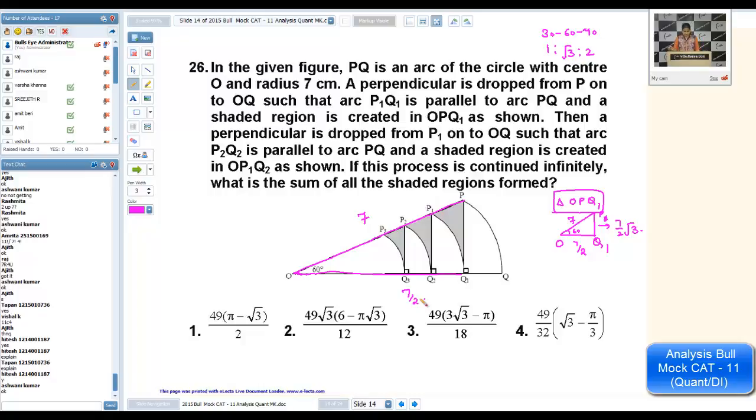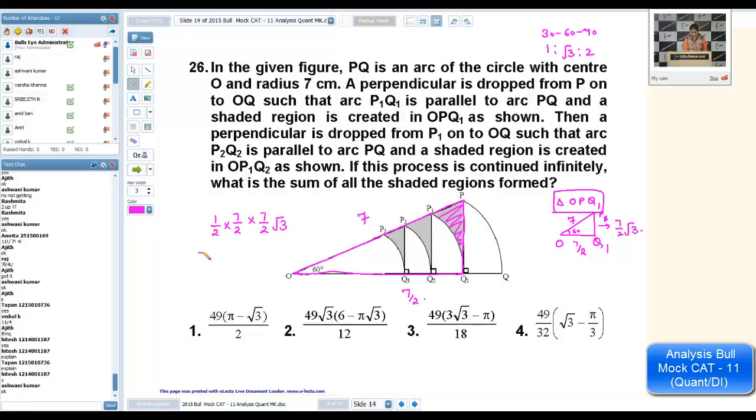So first of all, I'm finding this pink shaded region. Can you say this is nothing but the complete triangle area minus the arc area, OP1Q1? What is the triangle area? Half into base into height.